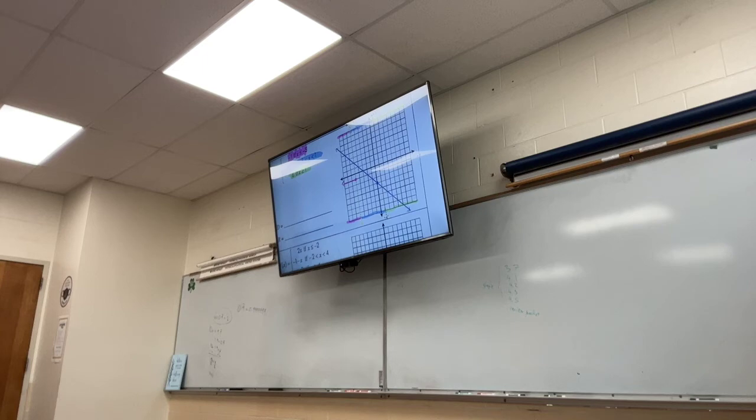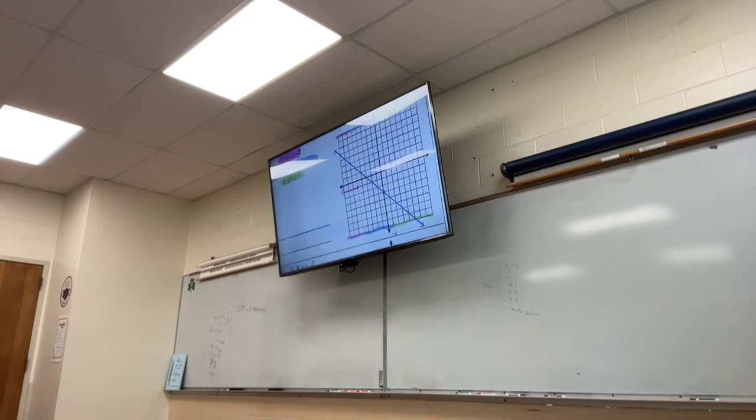There we go. And then again, we only want to keep part of our blue line in the blue region, so we'll erase it anywhere where it goes outside the blue region.